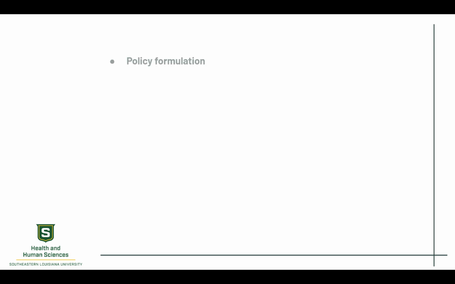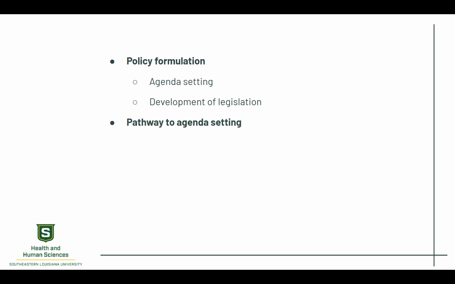So with policy formulation, this is where you have agenda setting, you do the development of the legislation, but there are some pathways to agenda setting, in terms of what gets into agenda setting to start with. And this is where you consider things like what is the impact of the health problem.